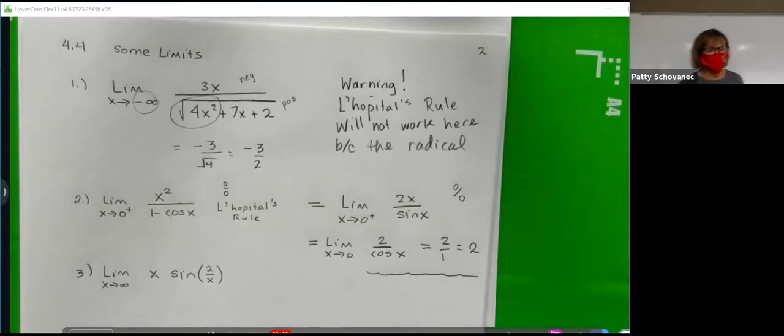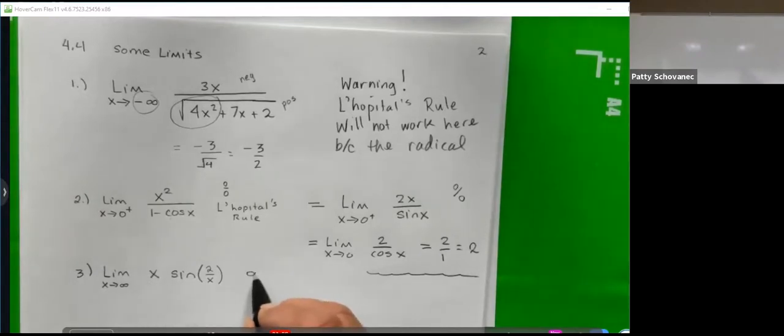What's the behavior of this as x goes to infinity? Because? The sine approaches 0, but this is going to infinity.